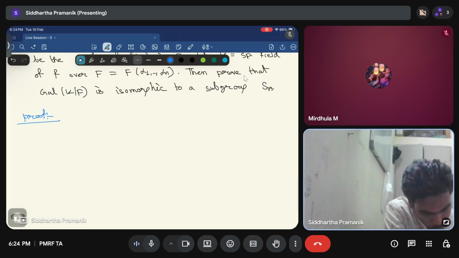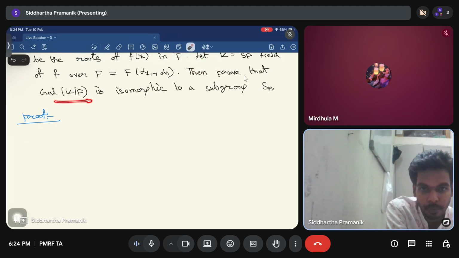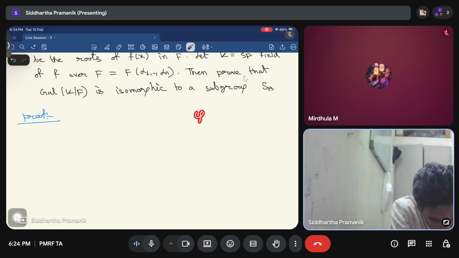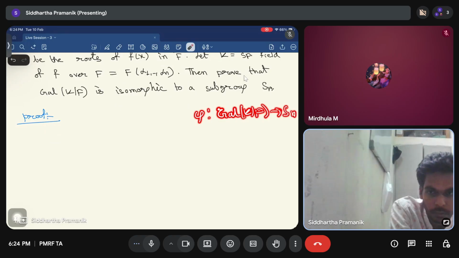So how to prove that this Galois group is isomorphic to a subgroup of Sn? Basically we need to define an injective group homomorphism from this Galois group to Sn, right? So that is one simple way to do this, but that is the target. So now how to do this?